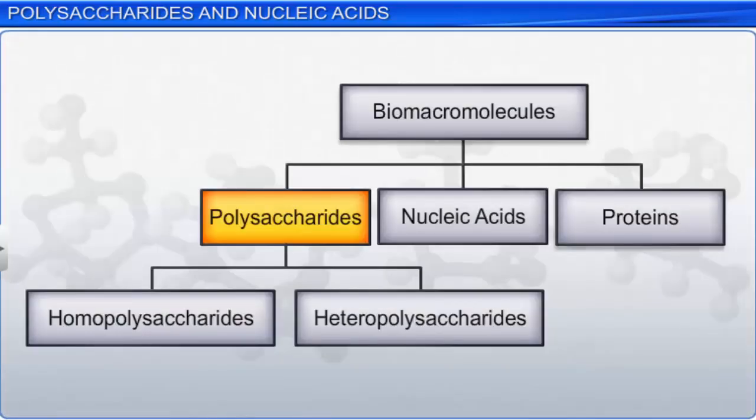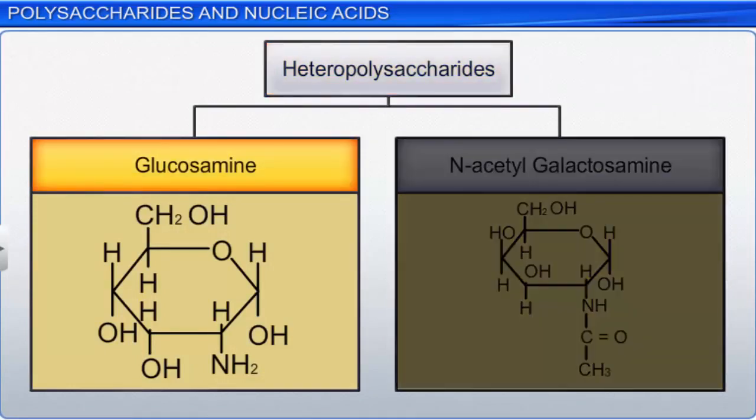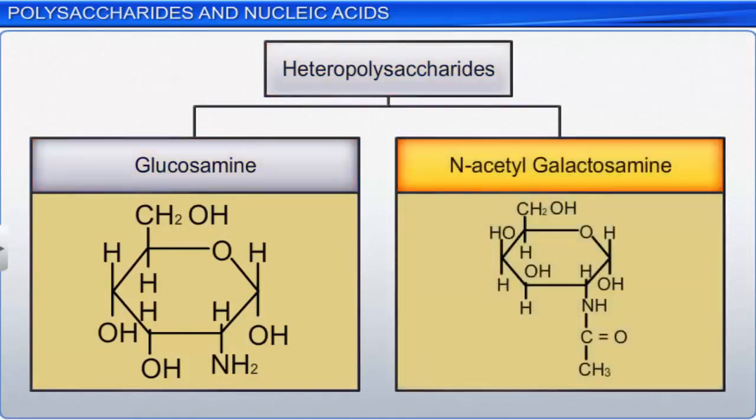Polysaccharides, which are formed of more than one type of monosaccharide unit, are called heteropolysaccharides or simply heteropolymers. They are complex in nature with amino sugars and chemically modified sugars as building blocks. Glucosamine and N-acetyl galactosamine are examples of heteropolymers.